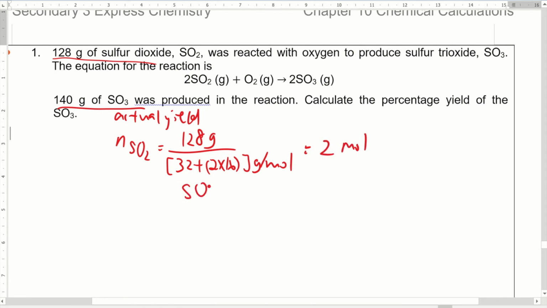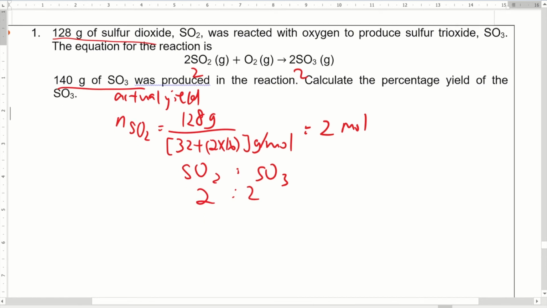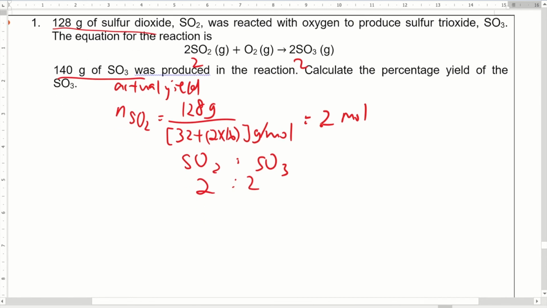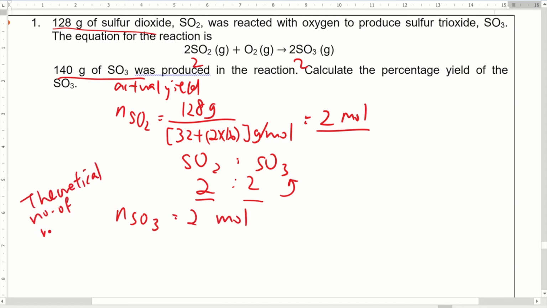SO2 versus SO3, mole ratio is 2:2. So if you have 2 moles of SO2, you'll produce 2 moles of SO3. So the number of moles of SO3 is 2. This is the theoretical number of moles.